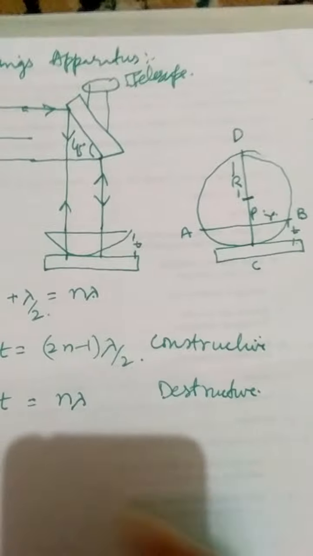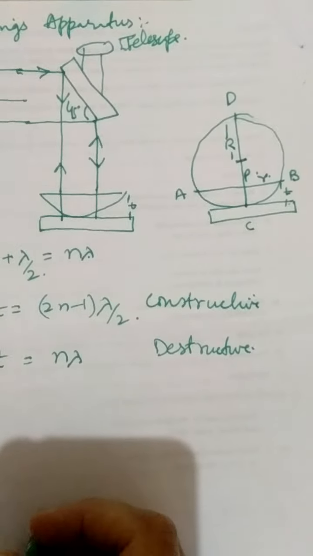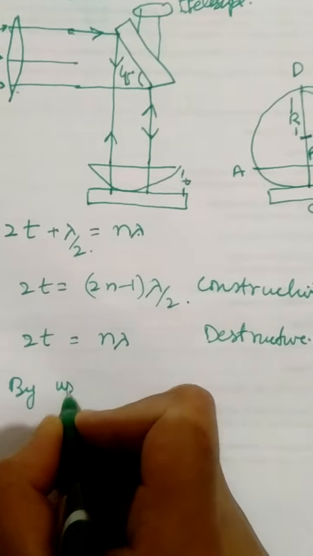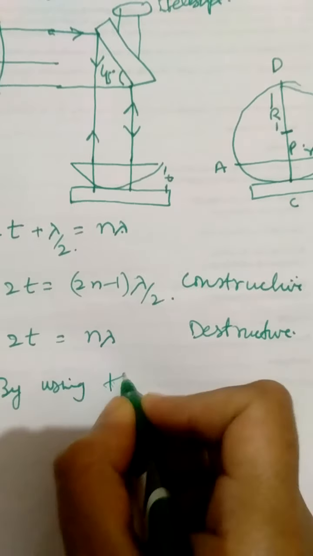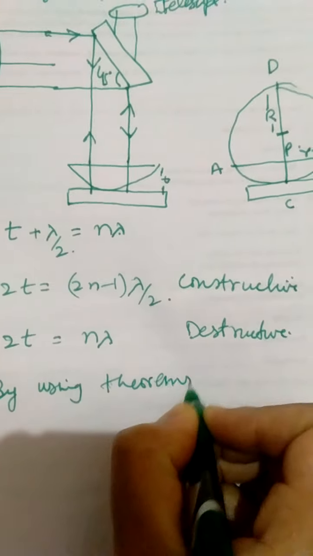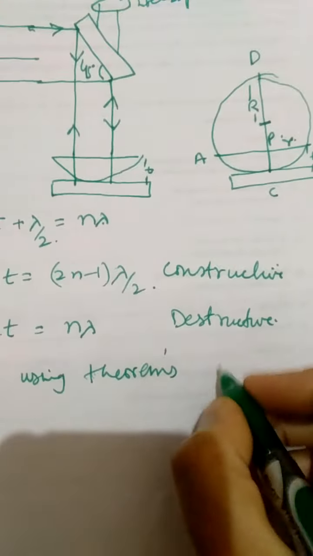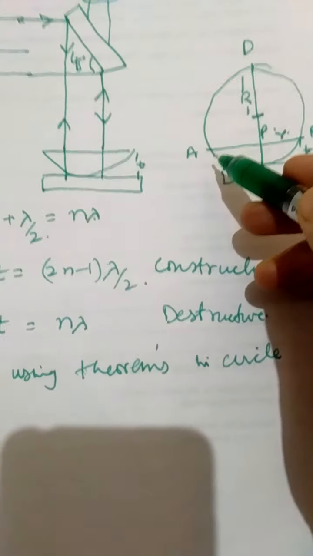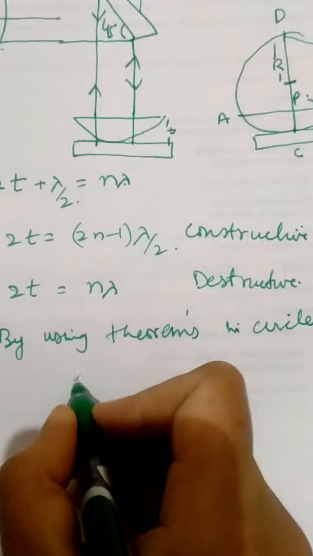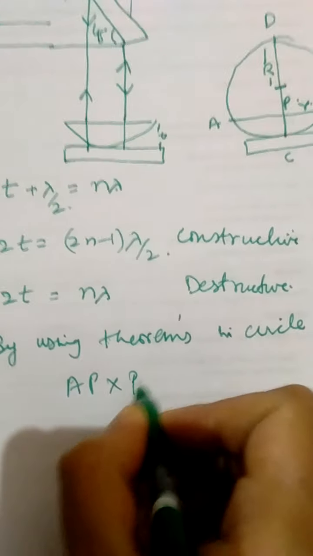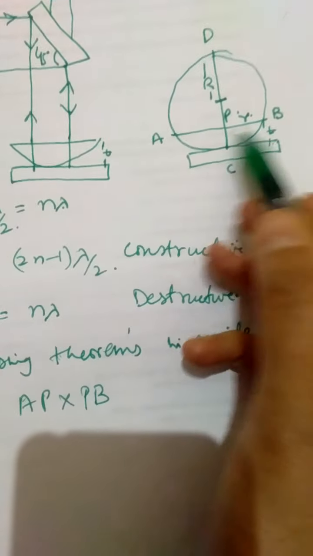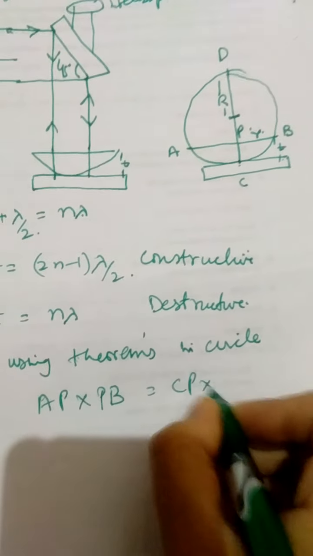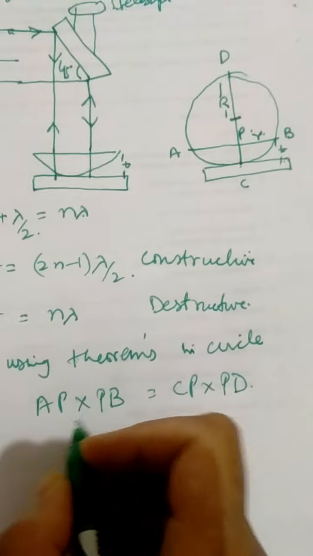Now from this figure we can evaluate certain things, by using the theorems in circles that you have learned at a very elementary level in class 9th or 10th. On account of symmetry, we know that AP into PB is the same thing as CP into PD, right? So what is AP?